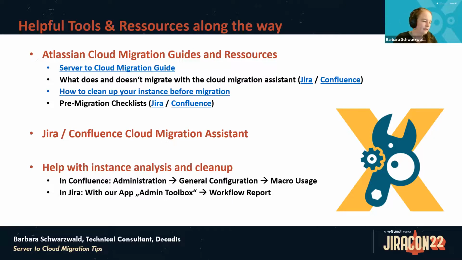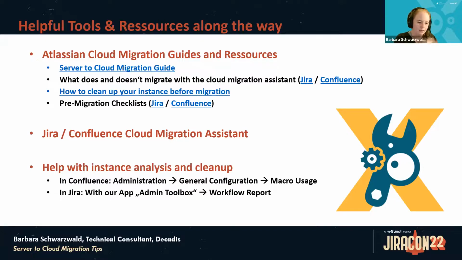And in Jira, there isn't something quite as helpful natively, but in our admin toolbox, there is a workflow report included, which does a very similar thing with a little bit more intense detail for workflows.